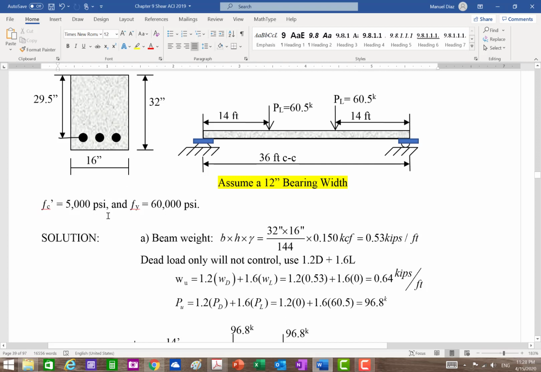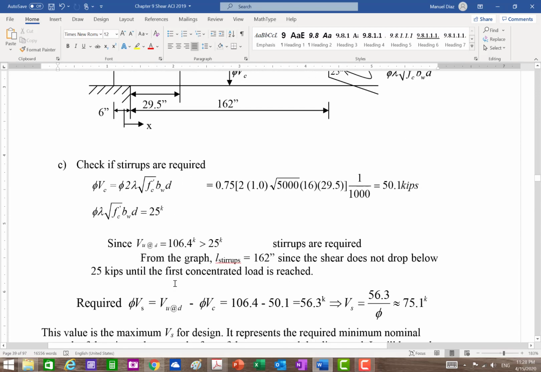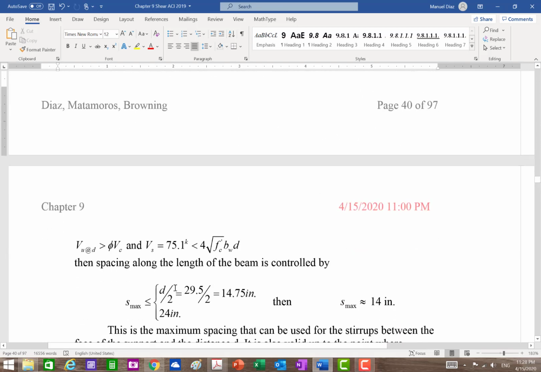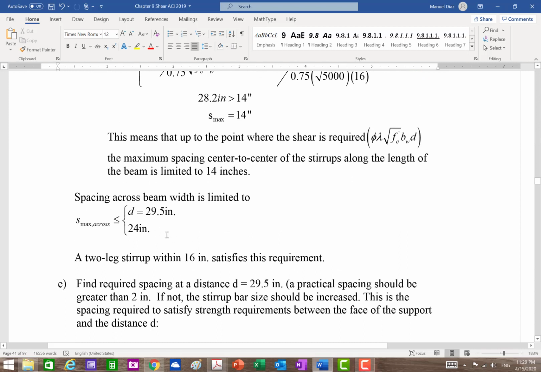Remember that 24 is the distance between the legs of the stirrups. Well, the legs of the stirrups cannot be more than that, so you cannot even get close to 24. So that's an easy check. You just look at it and say, okay, my cross section has a width that is way below 24, so that satisfies the requirement.